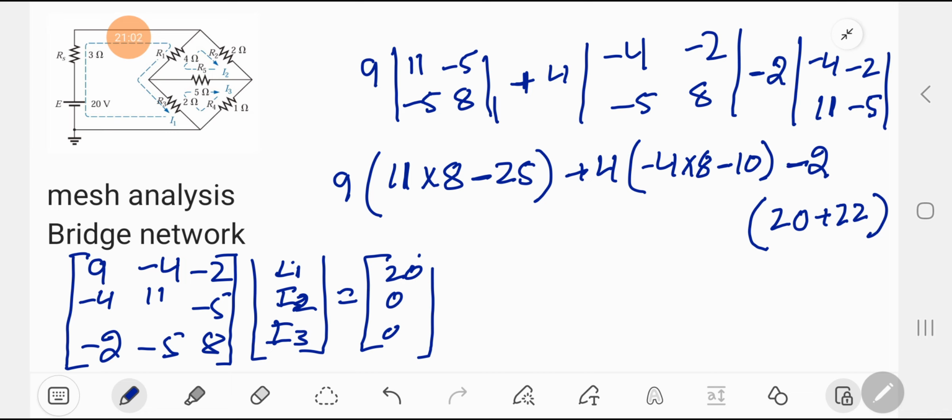Now if we solve all these, it becomes equal to 315.